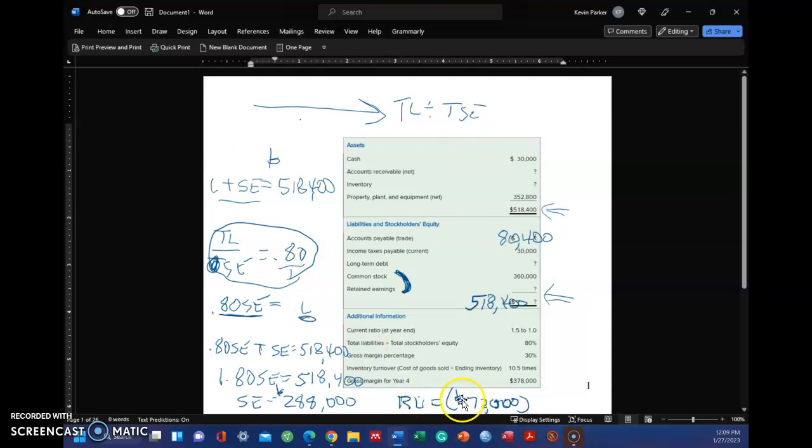But generally, we don't want our retained earnings to go negative, because that means we've had losses or dividends that exceed what's been retained as profit over time, and we're really just eating into what people have invested in the common stock.